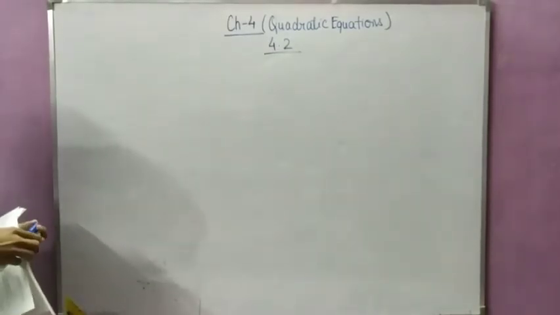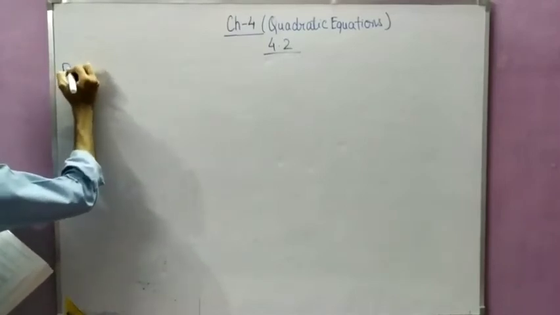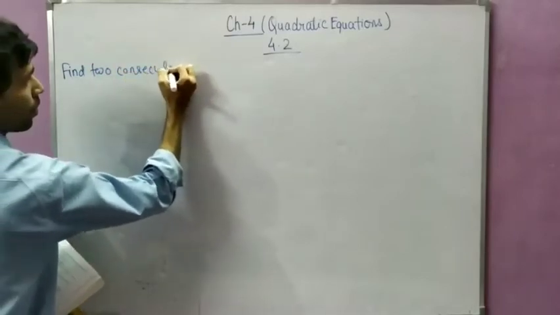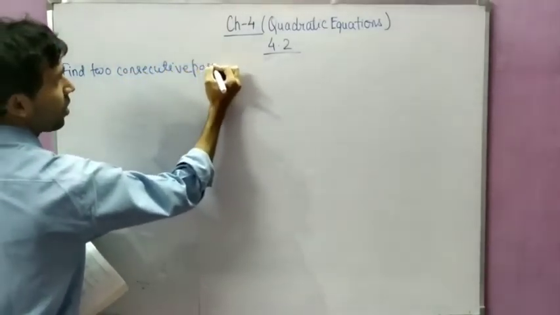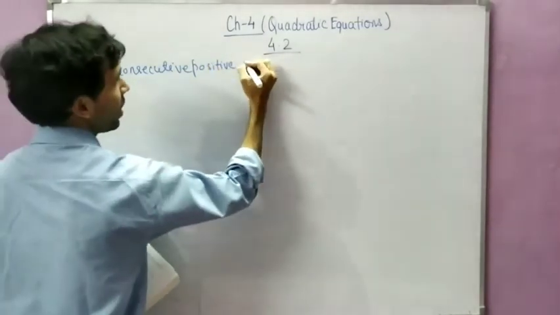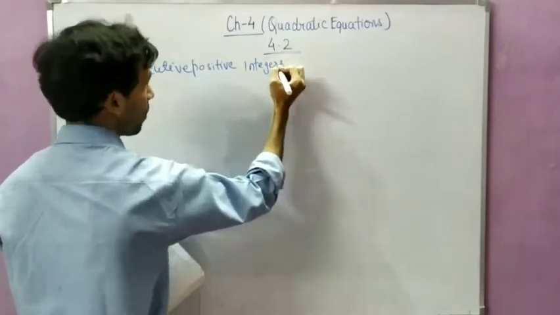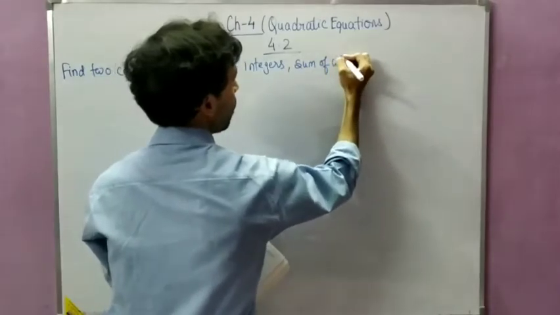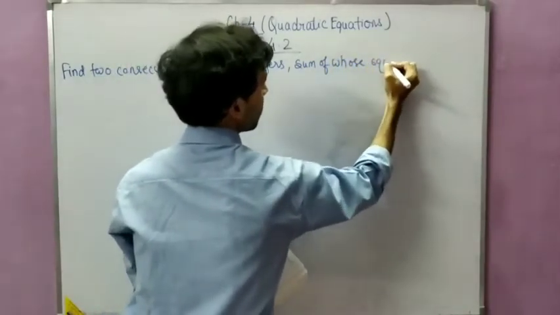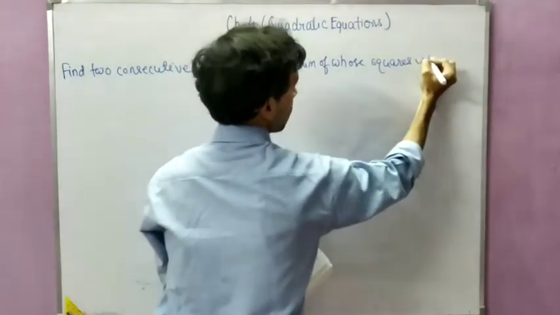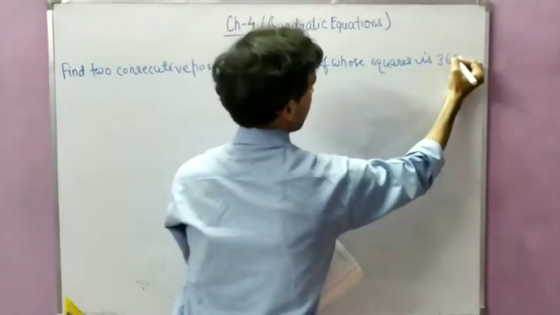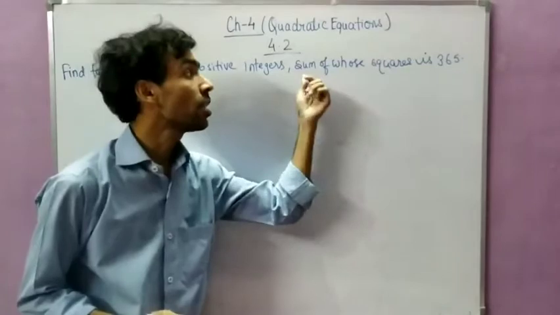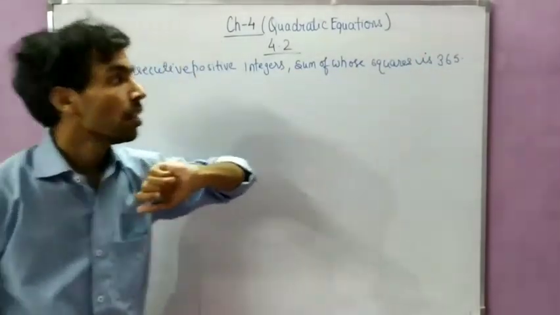Find two consecutive positive integers, sum of whose squares is 365. You have to find two positive consecutive integers, the sum of whose squares is 365.